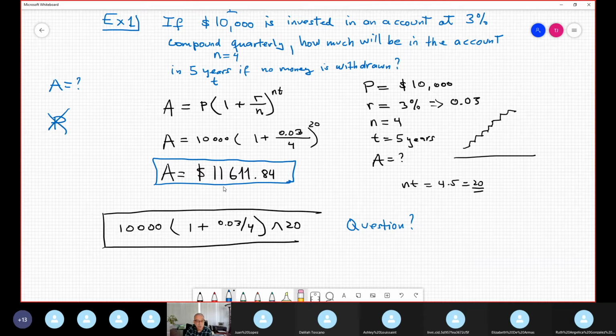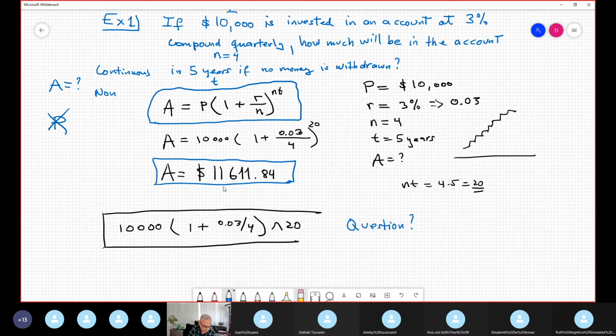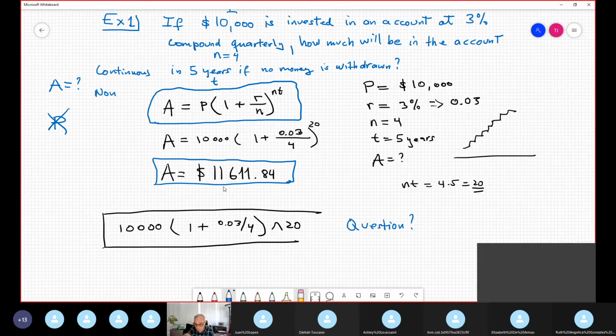And for the future value we have two formulas: continuous and non-continuous, which is discrete, where the money increases in steps like that. This is the formula for the non-continuous, discrete case. Clear now? Super. Good.